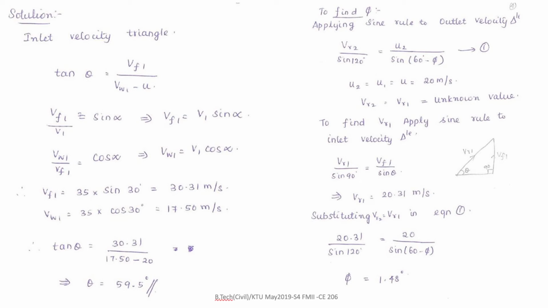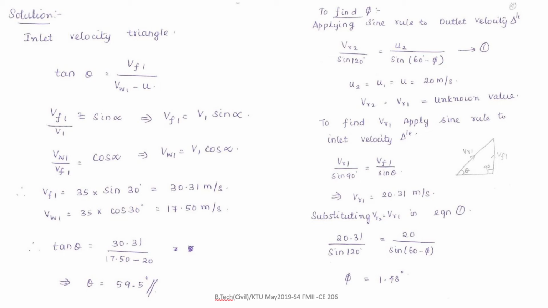That is, I have written here VR2 divided by sine of 120 degrees is equal to U2 divided by sine of (60 minus phi). Here U2 is given, which is also equal to U1 because it is striking without shock, so it is equal to 20 meters per second.